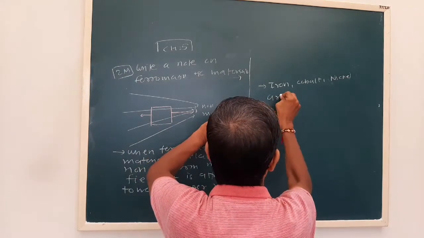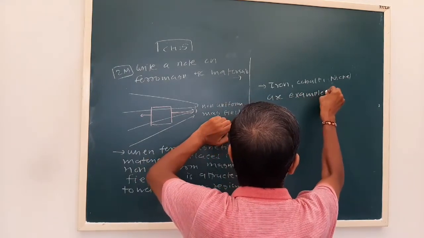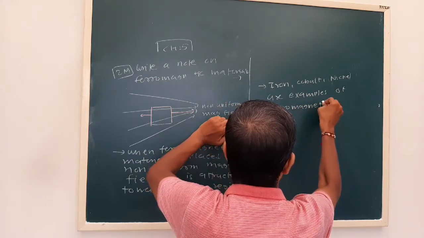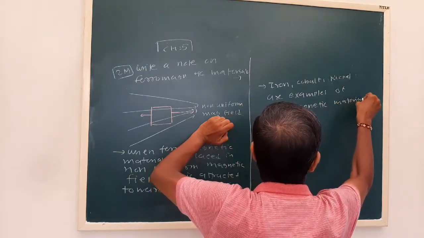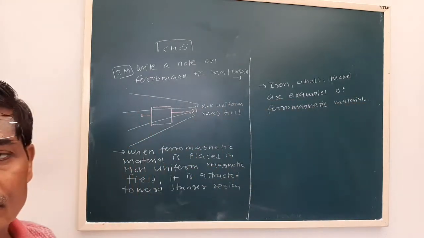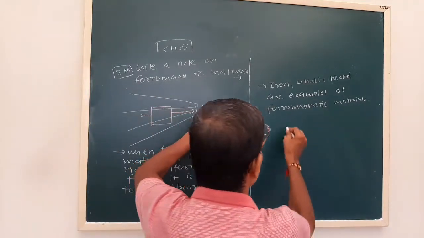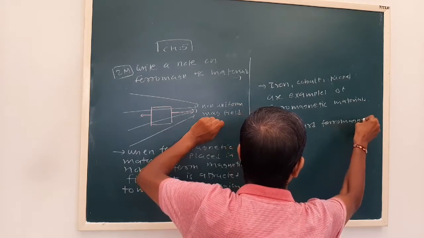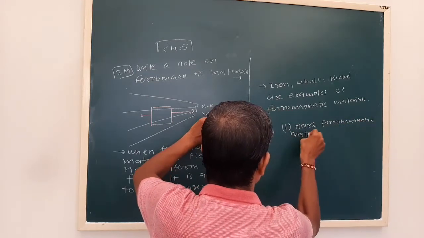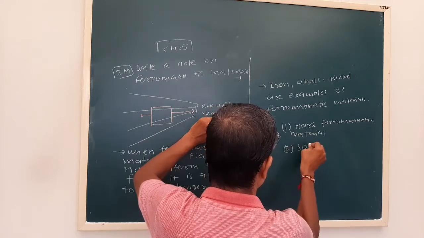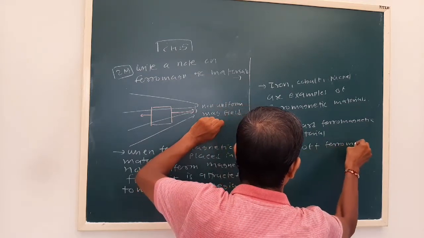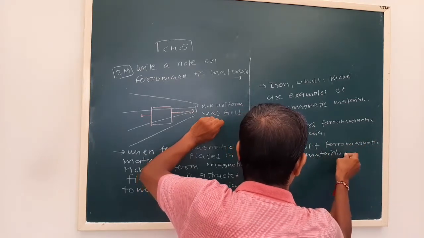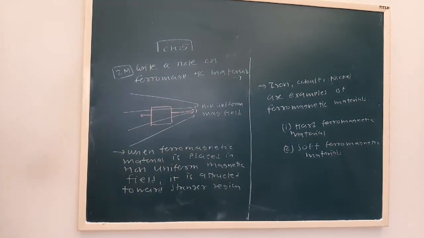Ferromagnetic material is broadly divided into two parts: hard and soft. We'll see more regarding this classification in the subsequent theory.